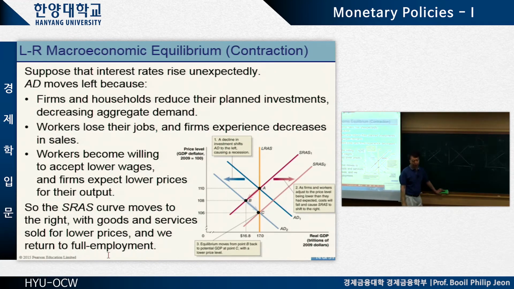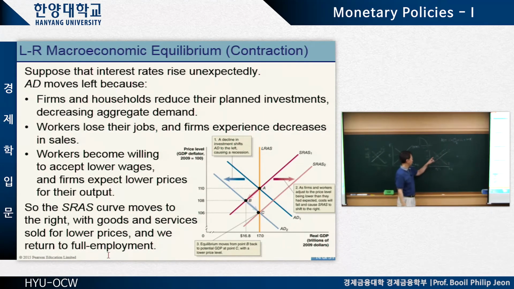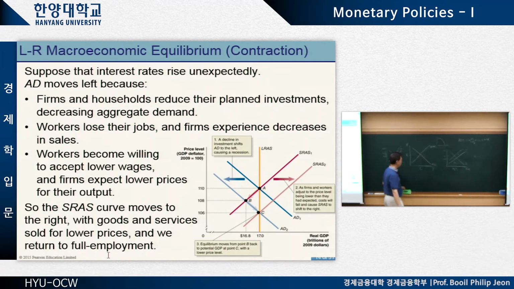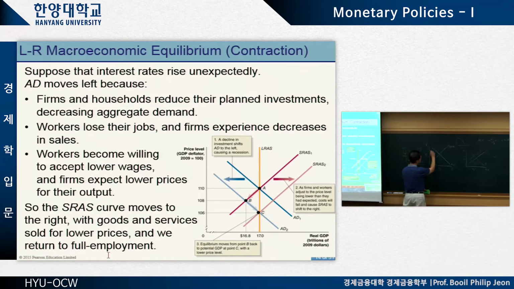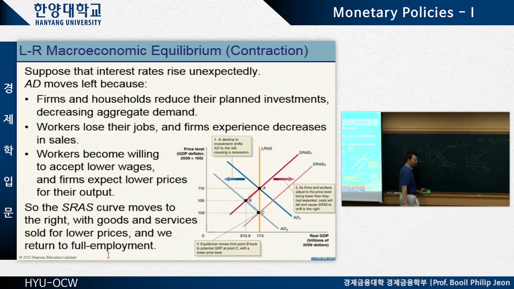And for some reason, households reduce their saving, right? And as a result, interest rate rises, investment declines, and so aggregate demand shifts back. Aggregate demand declines, right?